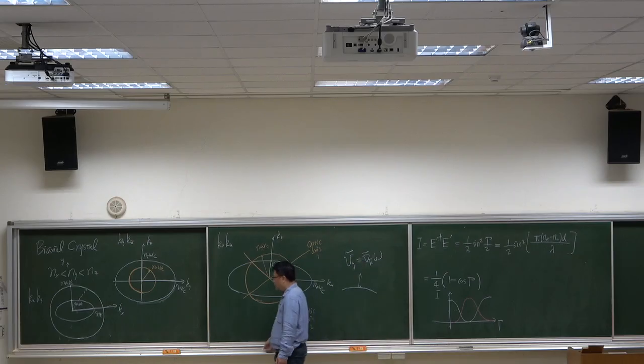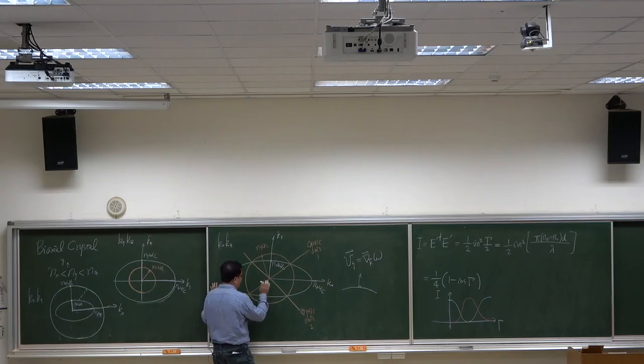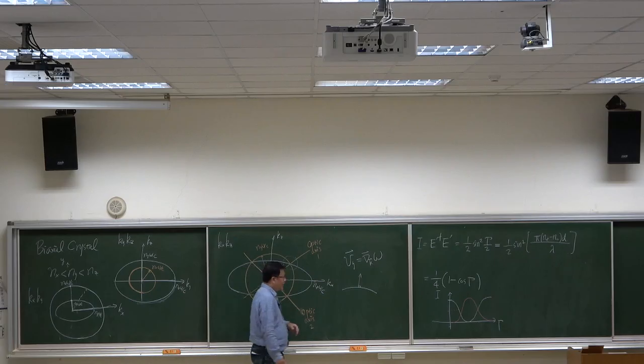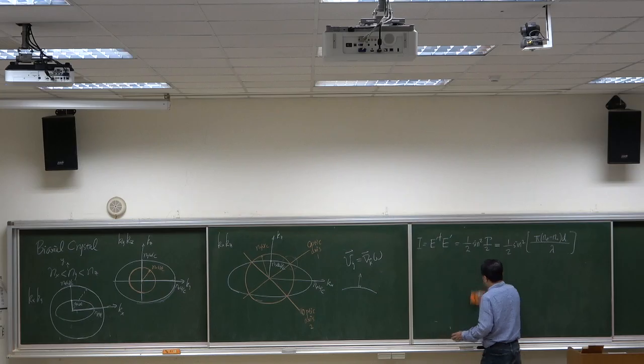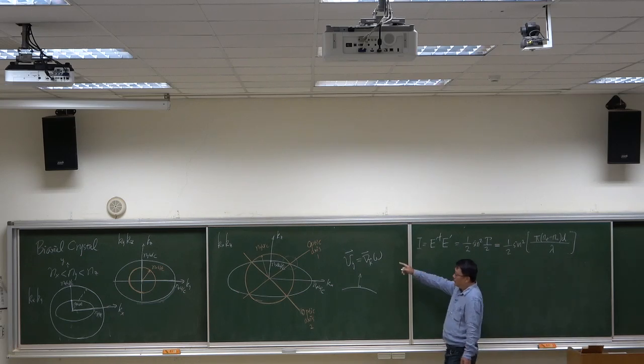However, if we consider a region that is very, very close to this point, then at this very special point, we have no definition of the gradient of omega or the normal vector, because locally it looks just like a cone.